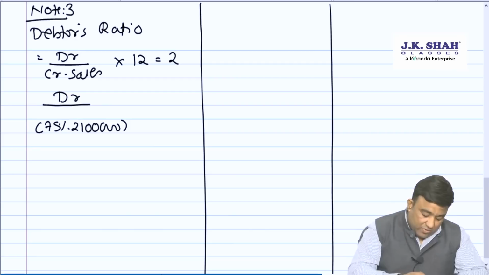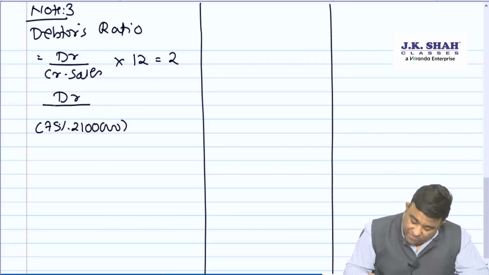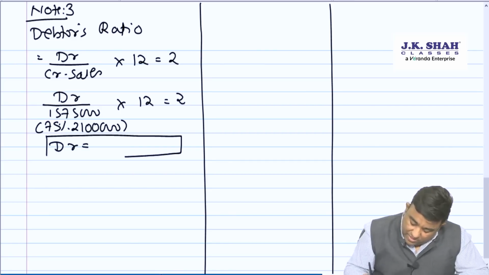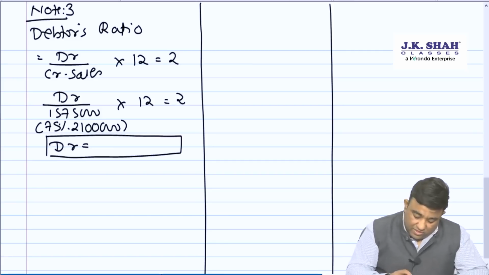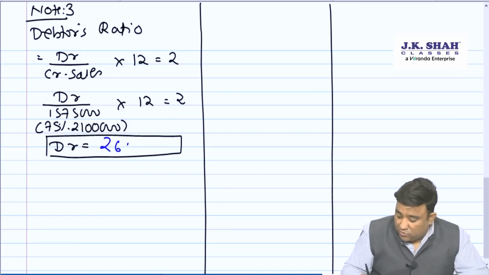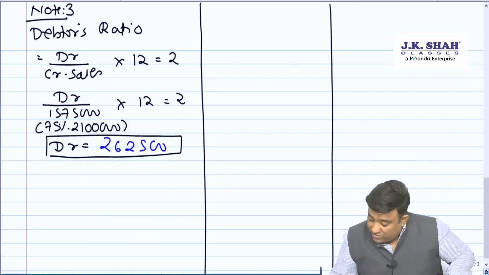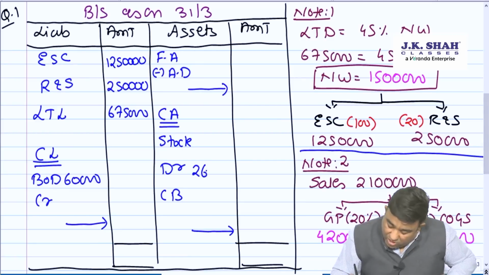So that is 21 lakh into 75%, which is 15 lakh 75,000. Multiply by 12, this is 2. So students, I can easily calculate debtors. Can I? So that is 15 lakh 75,000, and this gives you 2 lakh 62,500. Student, posting debtors, I can put in the column 2 lakh 62,500.